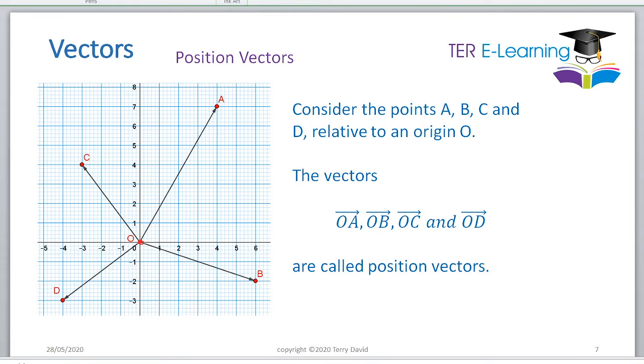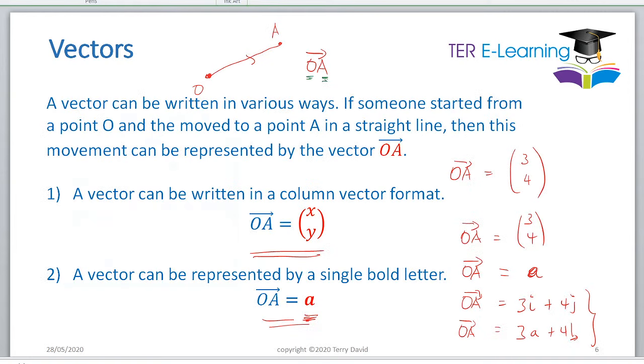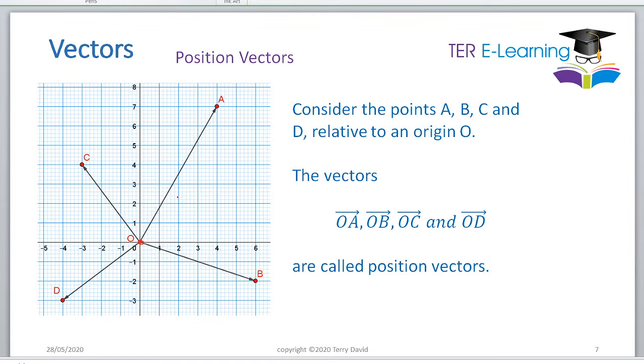Now I have 4 different vectors being represented here. So let's look at something here. From this point to this point here, if I join those 2 points, that vector is called OE. From the origin, again, to the point B, that's our next vector, and it's called OB.